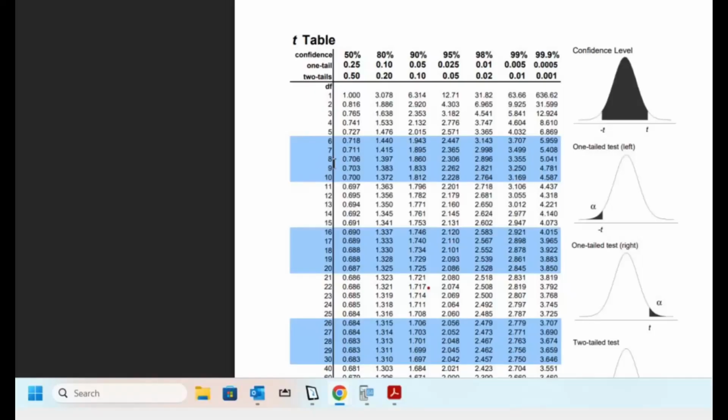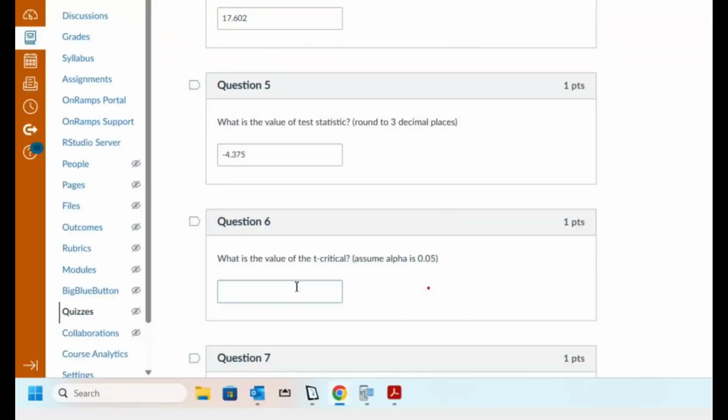So if I have 8 as my sample size, my degrees of freedom is 7. So we're looking at 7 degrees of freedom, and then we are 95% confident. So our T critical is 2.365. Okay. So we're going to go back and put 2.365 in for my value of T critical.